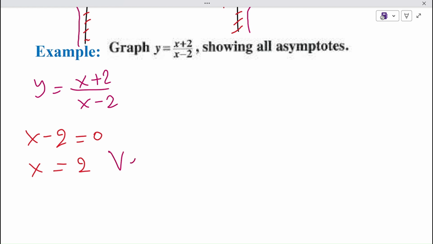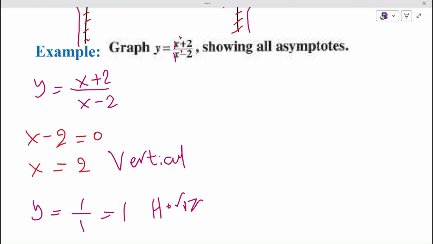And about the horizontal, just look at here, the highest degree of the numerator is 1 and the highest degree of the denominator is 1. So y is equal to, where is the coefficient of these x? The coefficient of these x is all 1. 1 over 1 is equal to 1. Okay, this is about the horizontal and vertical asymptotes.